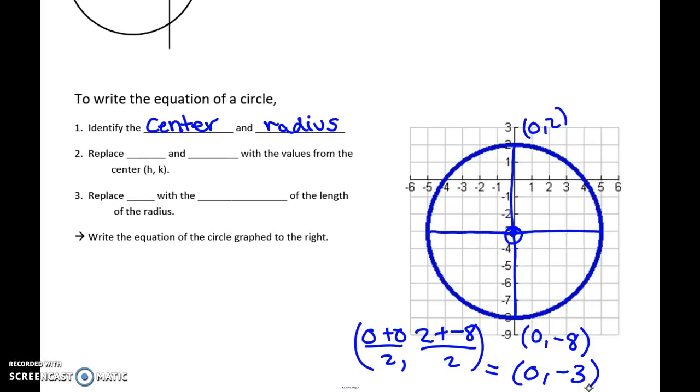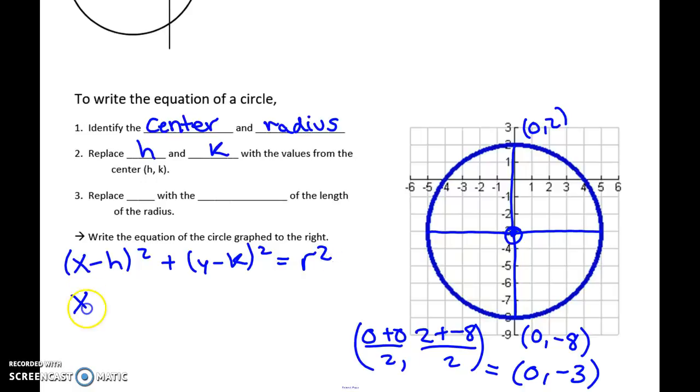Once I do that, I'm going to replace the h and k values inside my equation with the values for my center. Again, our formula is (x minus h) squared plus (y minus k) squared equals r squared. Replacing h and k, I get (x minus 0) squared plus (y minus -3) squared.